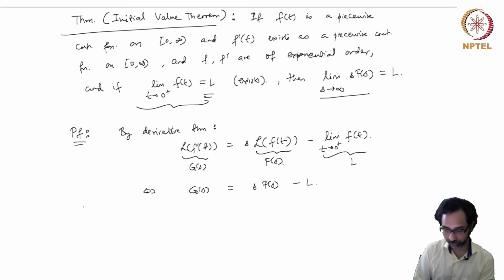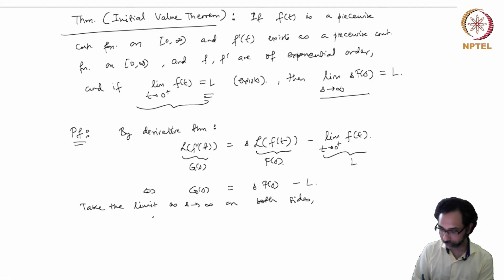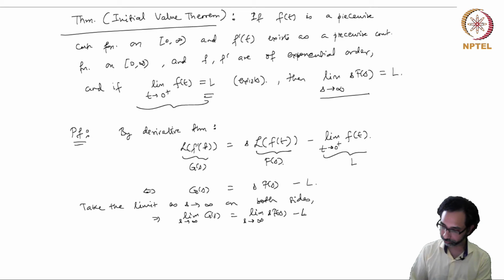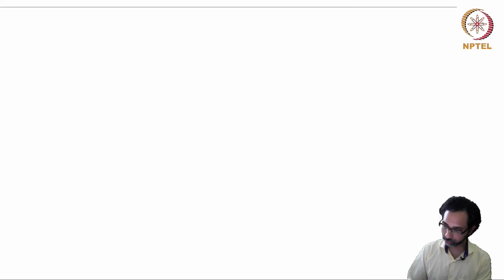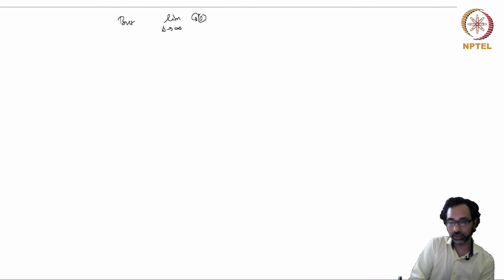Now if we take the limit as s goes to infinity on both sides, then this implies that the limit as s goes to infinity of G(s) is equal to the limit as s tends to infinity of sF(s) minus L. So we have that the limit as s tends to infinity of G(s) is always 0 as f prime is piecewise continuous and of exponential order.